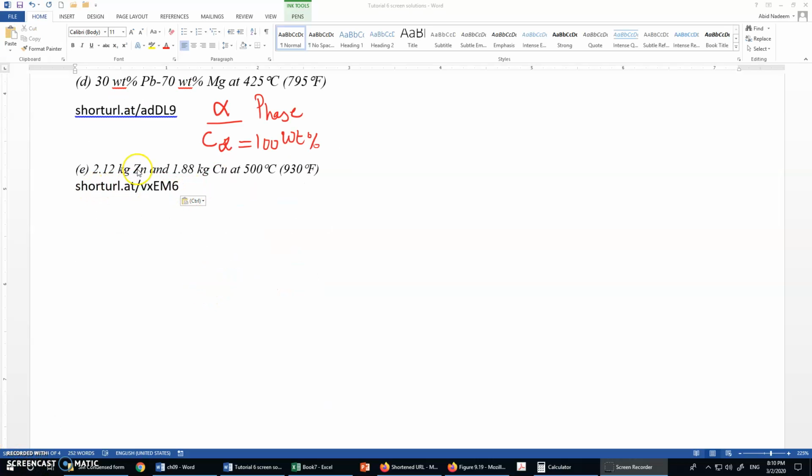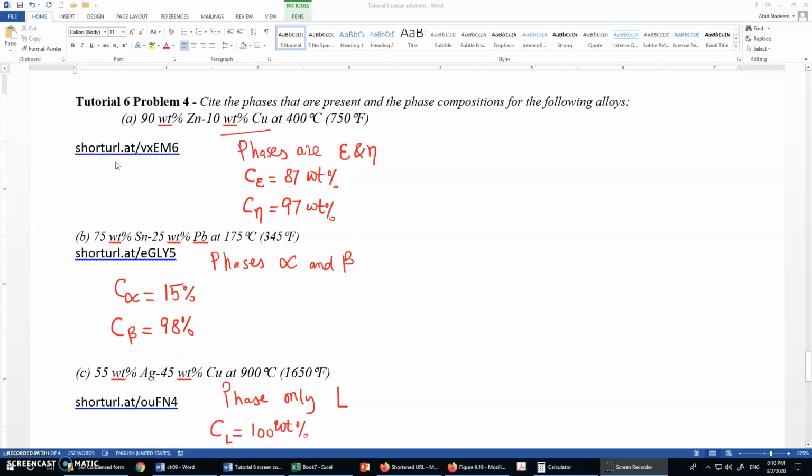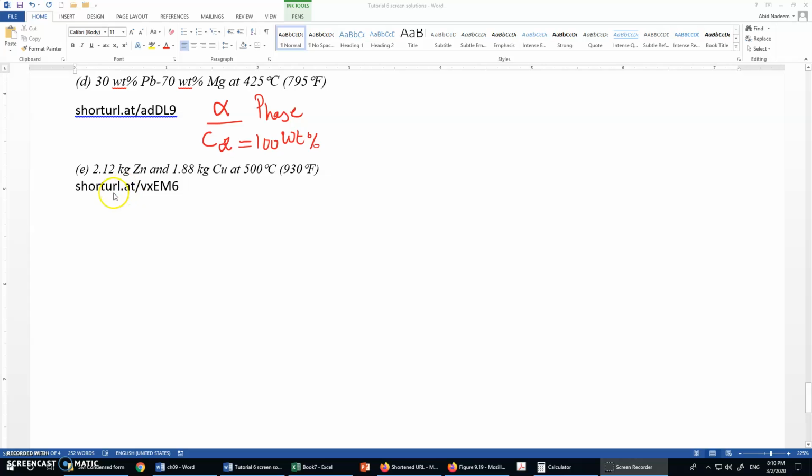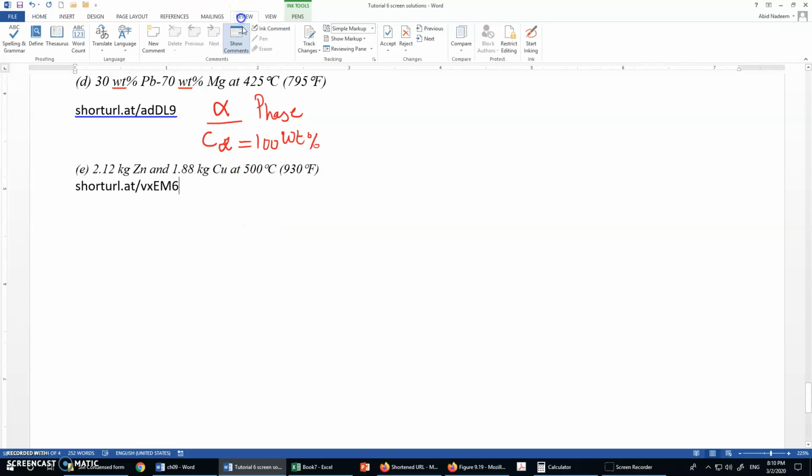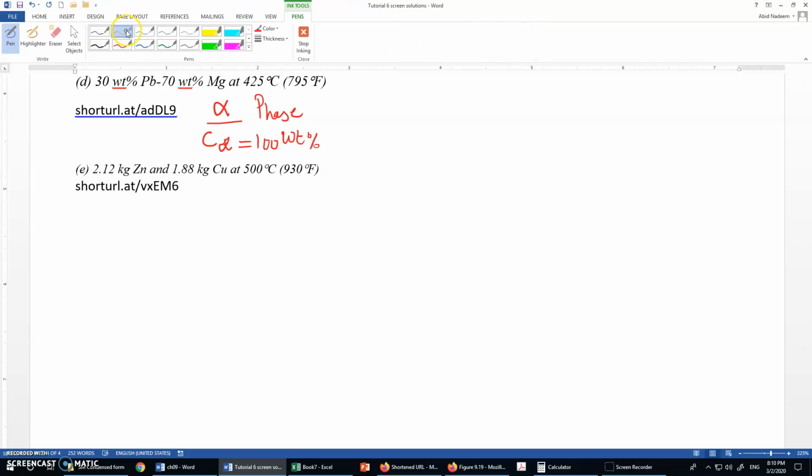Okay, now we are using copper and zinc alloy. This alloy we have already used in part A. The short URL will be the same, but here first we need to determine the compositions, because the compositions are not given, only the weights have been given.